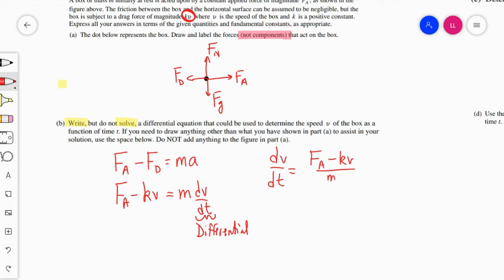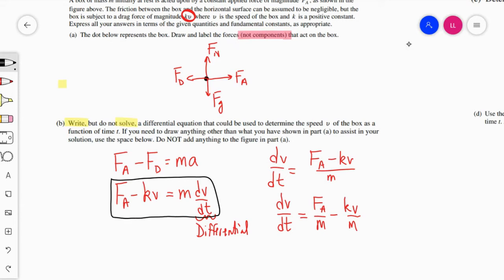That is another version. You don't have to do these last two, but it could be beneficial when solving. Really, this is the differential they're going to look for, so it's probably a point for this and a point for that. And then the solving comes later in part D.